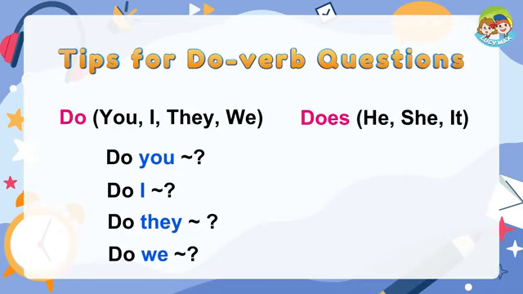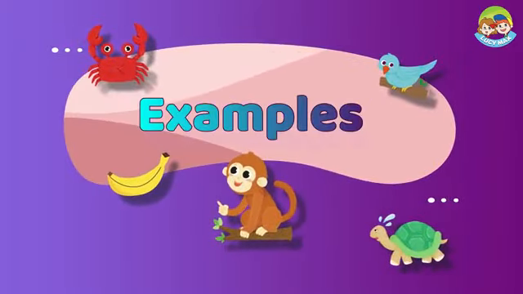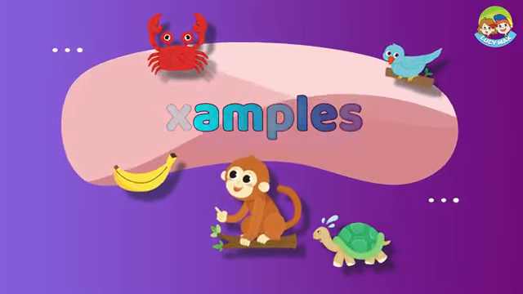Does is used with he, she, and it. Does he? Does she? Does it? Examples.